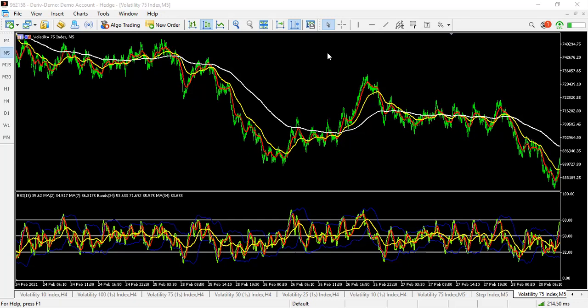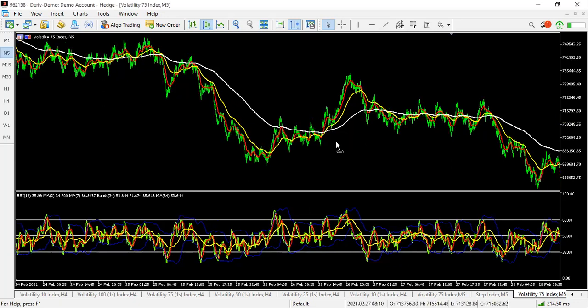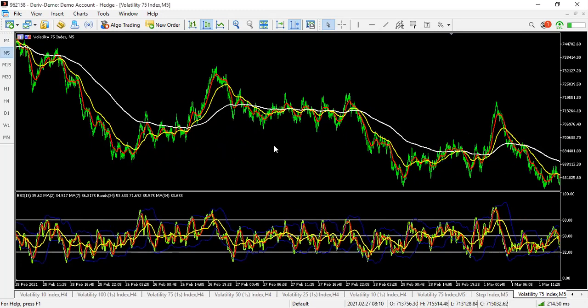Okay. I think I lost your explanation on how to determine the trend. Let me just recap what I got. You're saying that basically you should determine your trend from the higher time frame. Then you go to the smaller time frame to look for entries that are in line with the higher time frame.